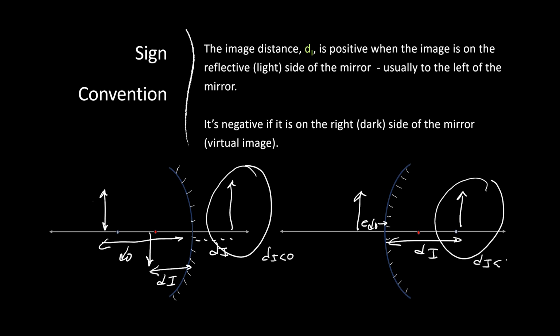Here, DI is negative. Here, DI is positive, right here, because it's on the light side. So basically, anything on the light side, focal length, radius, object distance, image distance, is positive. Anything on the dark side is negative.